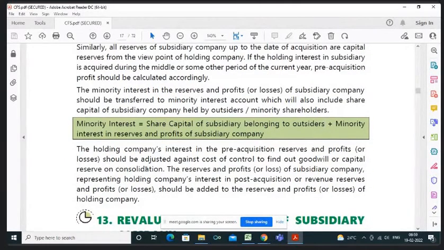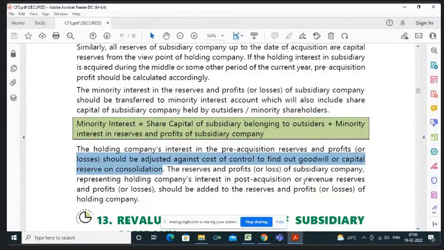The holding company's interest in the pre-acquisition reserves and profits or losses should be adjusted against cost of control to find out goodwill or capital reserve on consolidation. So we have to calculate the cost of control, which may be a goodwill or capital reserve. For calculating this, we have to consider the pre-acquisition reserves and profits.